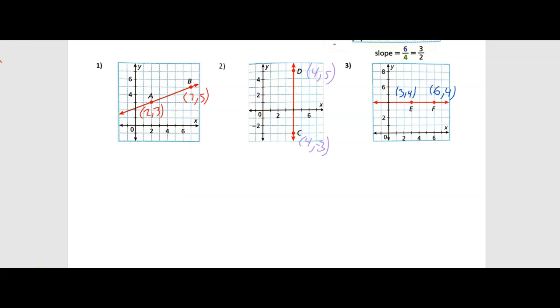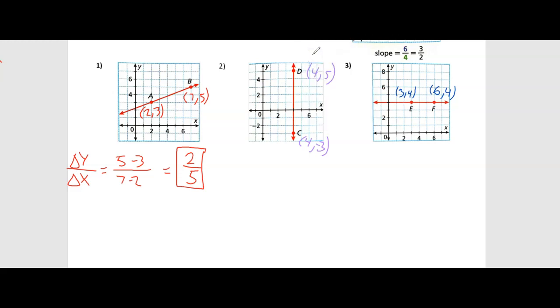All right, so for number 1, we have change in y over change in x. My 2 y values are 5 and 3, so 5 minus 3, and then I get 7 minus 2. This gives me a slope of 2/5. So the slope of that line is positive. Again, that makes sense because we're going up and to the right.